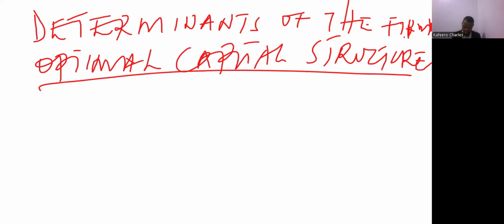So we want to look at the factors that help you determine an optimal capital structure. The optimal here means that companies may be trying to balance between debt and equity.